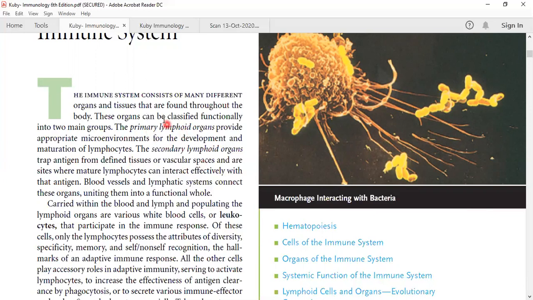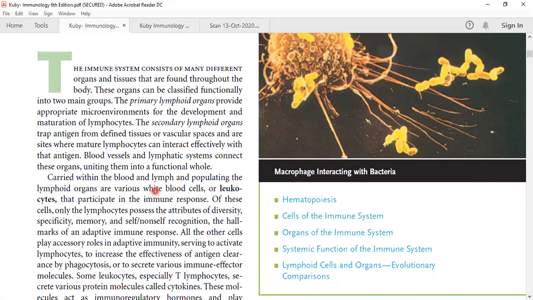Primary lymphoid organs are the organs which are providing microenvironment for the development and the maturation of the lymphocytes, whereas the secondary lymphoid organs are the organs which are the sites where antigens are encountered by these lymphocytes so that they can learn how to interact with that particular antigen. All right.